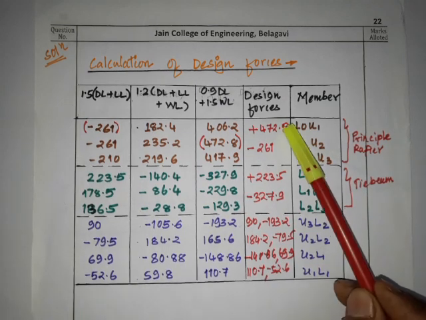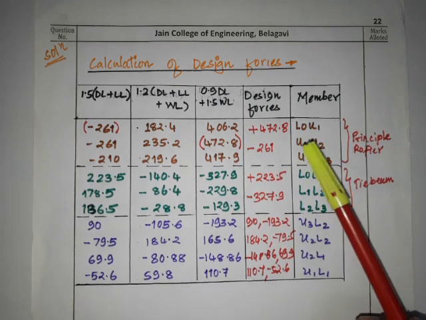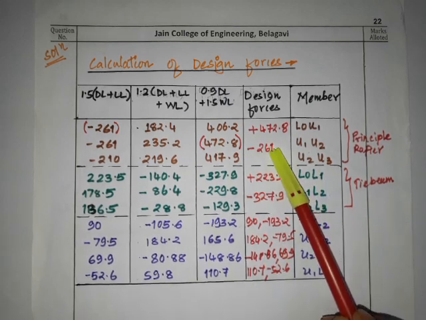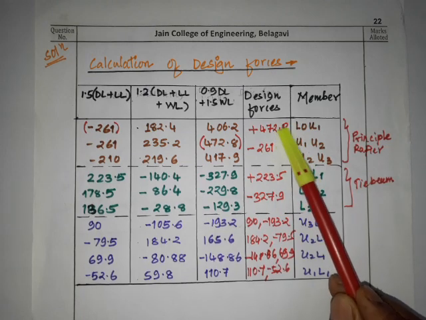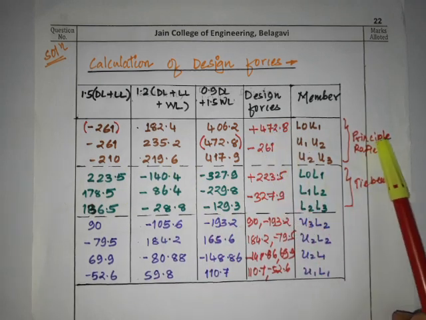So we got here 472.8 and 261 kilonewton. As I told you, the negative stands for compression and positive stands for tension. So these are the design forces for the principal rafter.